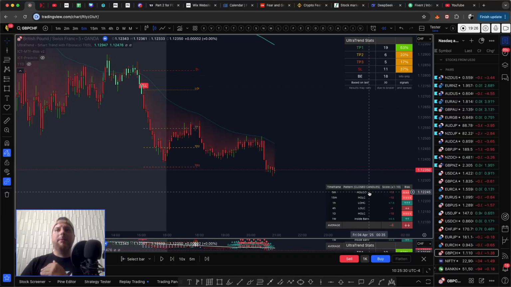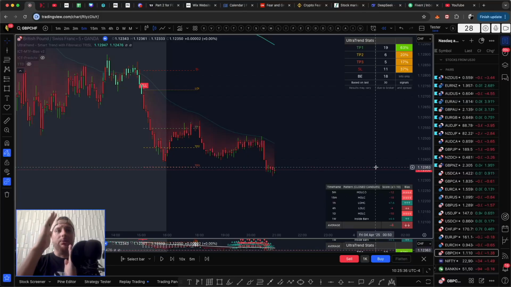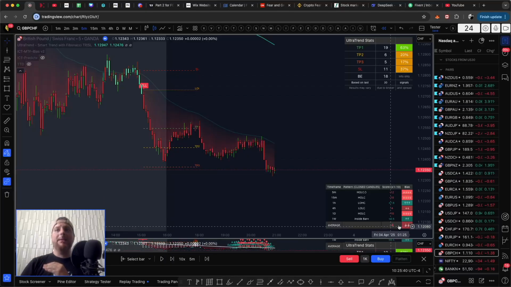On the 5 minute time frame we are bearish. On the 15 minute, we're bearish based off of how the previous candle closed. This definitely gives you a very strong bias. We've been testing this out, and it works way better than just the moving average. It's mind-blowing.